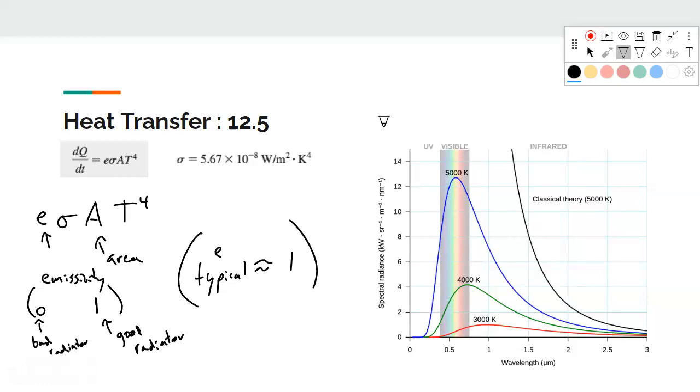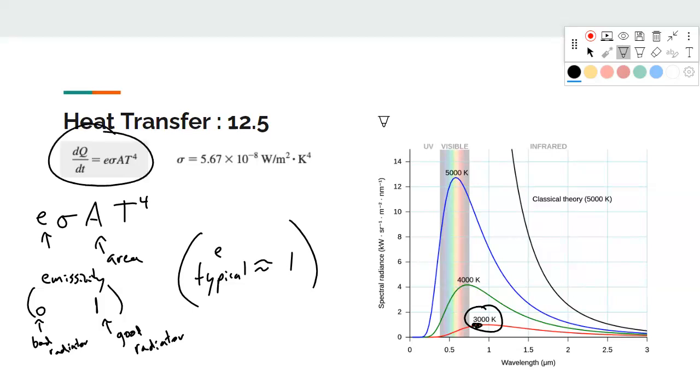And basically it's showing you how much of each type of light do you get from a given object based on its temperature. So when something is 3000 Kelvin, you can see that the primary type of light you get is the red to infrared. And this plot tells you how much of each type of light you'll get. And basically by integrating this, you can get the radiative heat transfer equation.